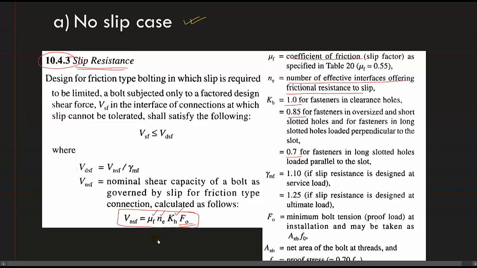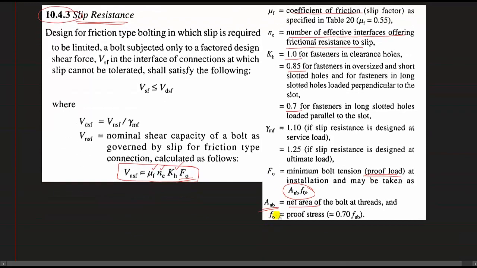F naught is the proof load that can be taken by the bolt, and Anb is the net area. So we can calculate the proof load using this formula, where Anb is the net area and F naught is the proof stress, taken equal to 0.7 times fub. So let us apply this formula to calculate the slip resistance.